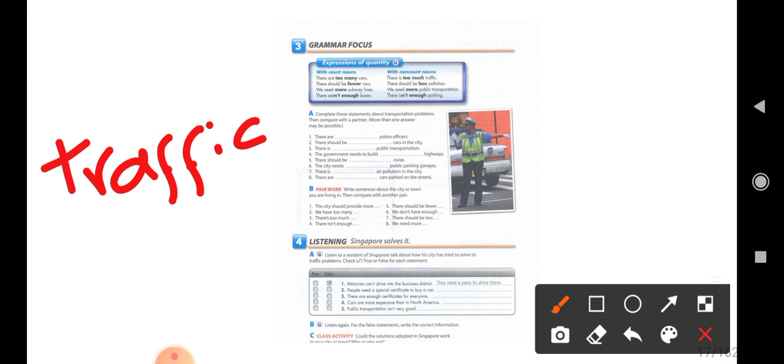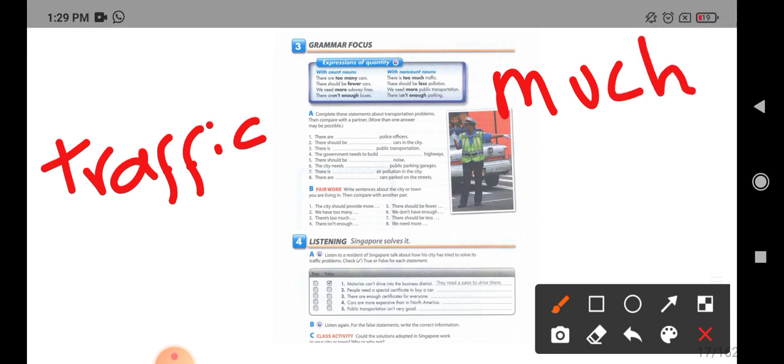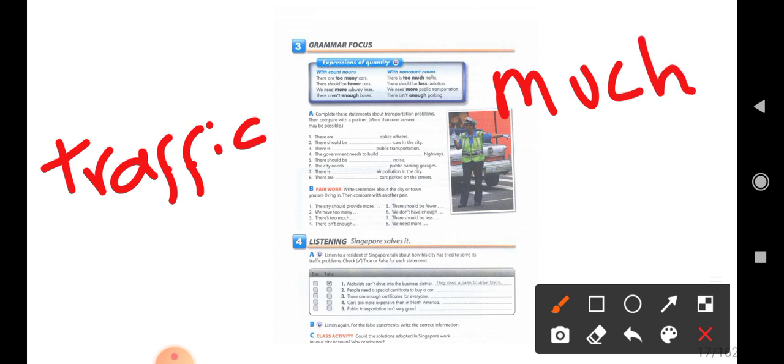So if we have an expression like traffic or public transportation, we need to use much, or too much, and less.